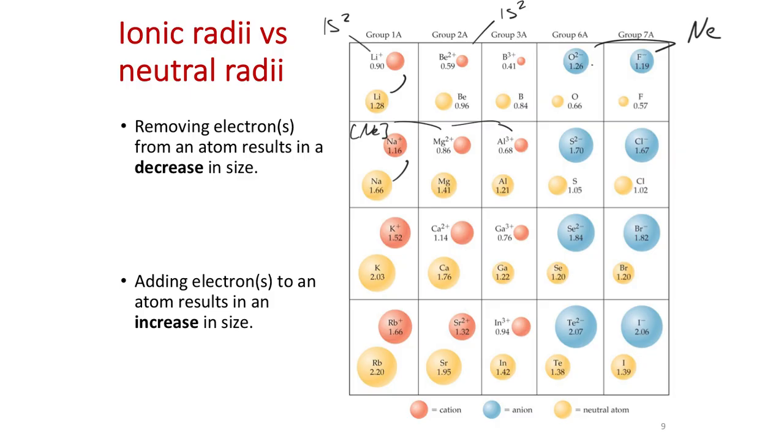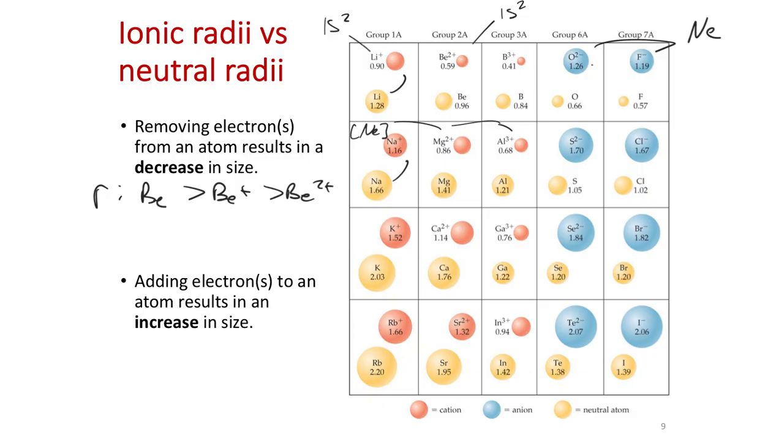Even if you could have an unstable cation that's not a normal count, the radius of beryllium would be greater than beryllium plus, greater than beryllium 2 plus. So losing an electron leads to a decrease in size, whether it's just the first valence electron or both the valence electrons in the case of beryllium.